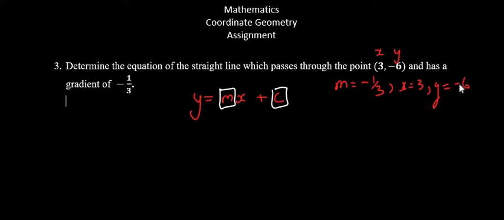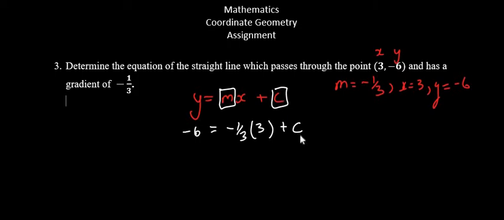We will substitute these in the slope-intercept form, and so we'll have y, which is -6, equal to the gradient of -1/3. And remember, the gradient multiplies the variable x, and so -1/3 will multiply the x coordinate of 3. Then we write back plus c.